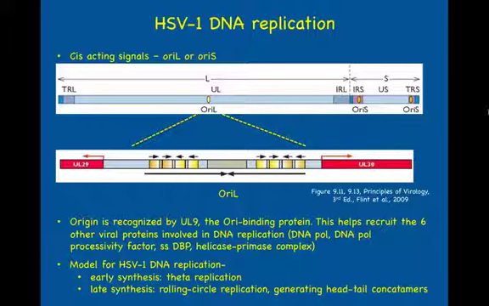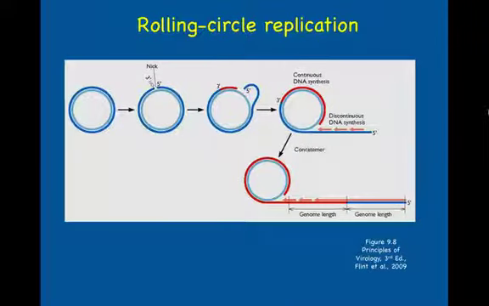A model for HSV1 DNA replication: early synthesis is theta replication, late synthesis is rolling circle replication, generating head-tail concatemers. Theta replication is basically opening the origin, and rolling circle replication is basically a continuous cycle on the same circle.